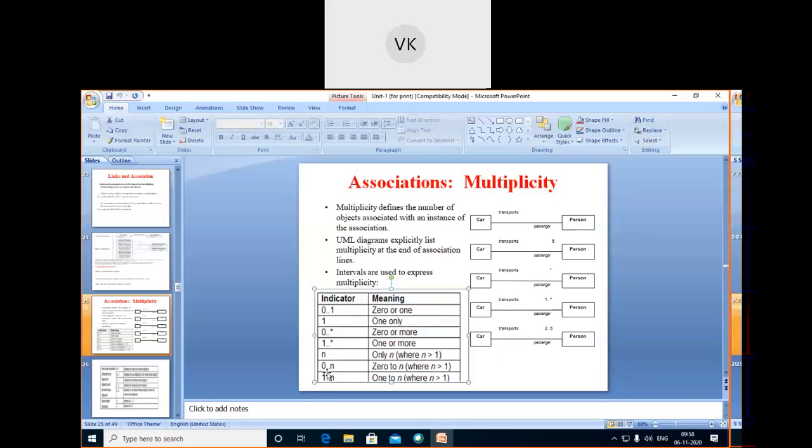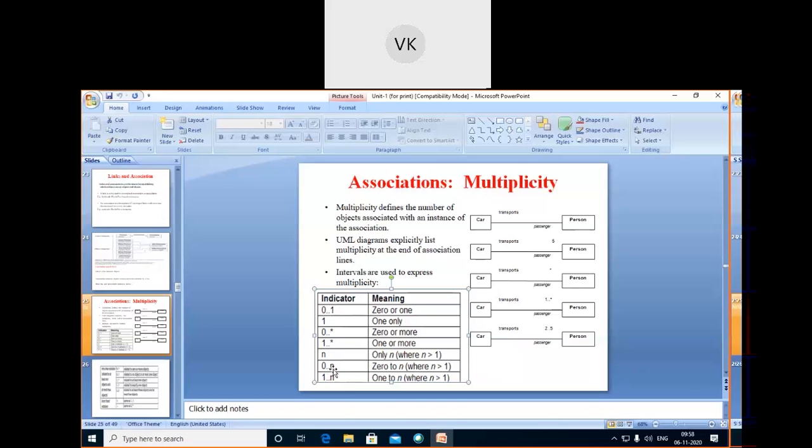Okay, next in the next row 0 to n is there. The meaning of this one is, you see here 0 dot dot 1 meaning is that here 0 or 1. Suppose I have written here 0 dot dot 5, that is 0 to 5, the meaning of that one is here 0 to 5 values it can satisfy.